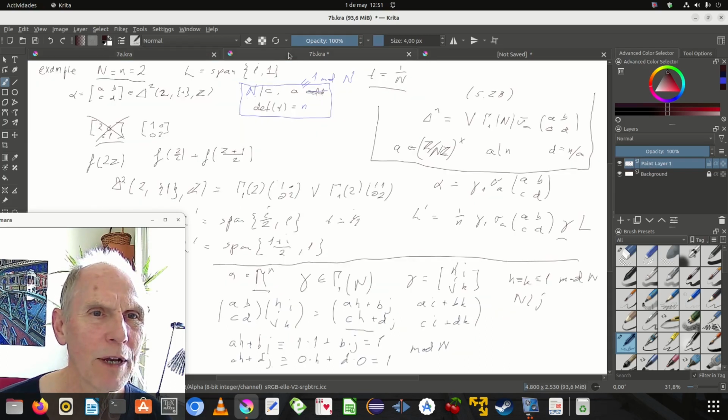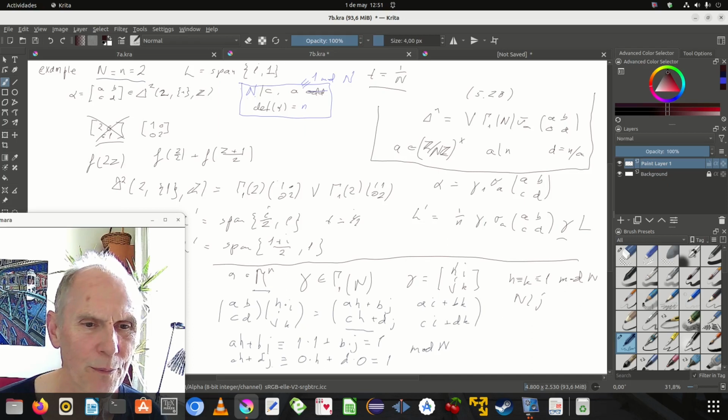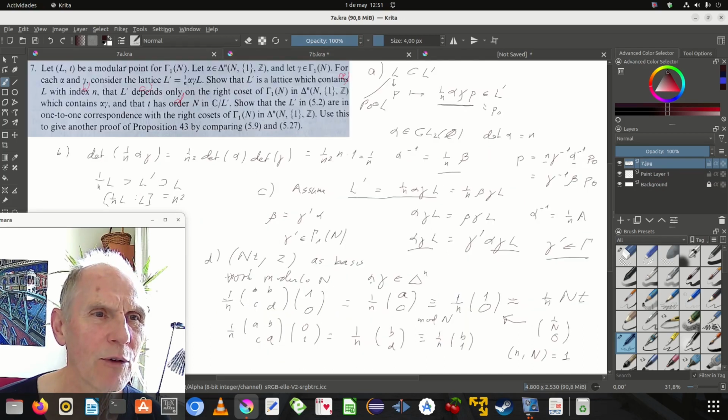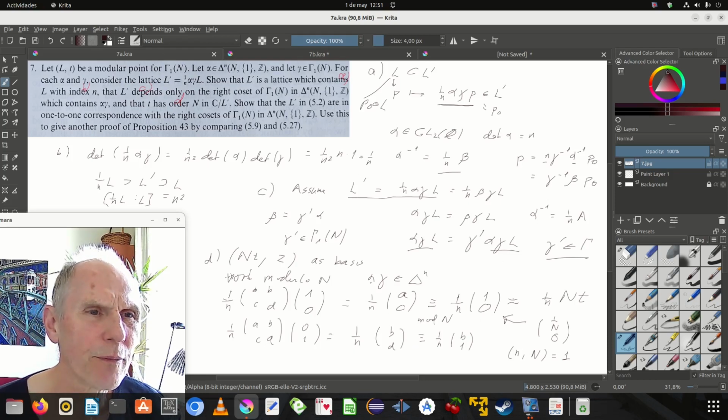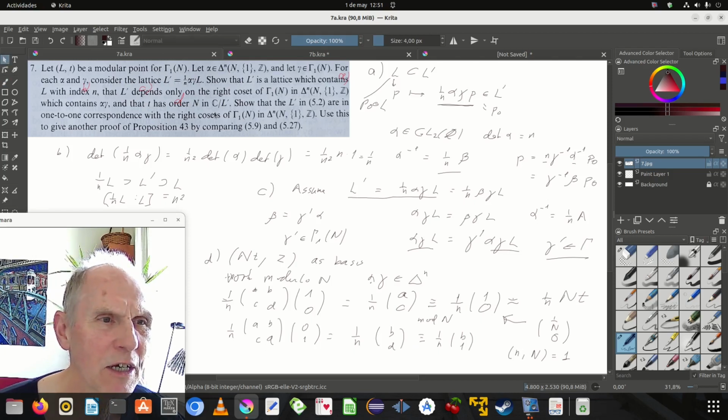Here we operated from the left with gamma 1 and found out that that was really irrelevant in the beginning. It will probably be very relevant in the next.